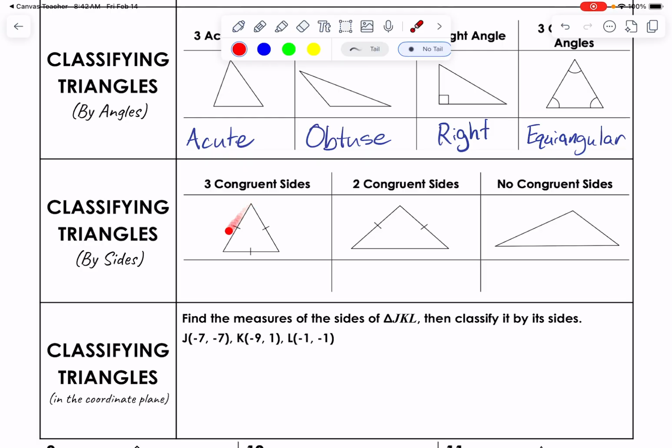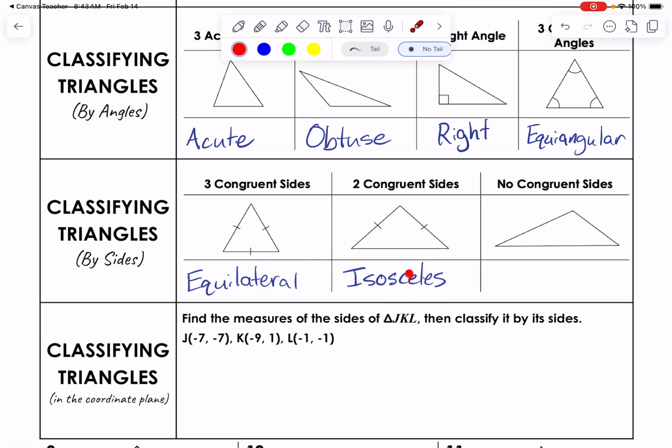So if it has three congruent sides, maybe we're more familiar with that one. That is an equilateral triangle. Two congruent sides would make it an isosceles triangle. The way I remember to spell isosceles is I always say it wrong in class. So in class you might hear me say "isosceles."